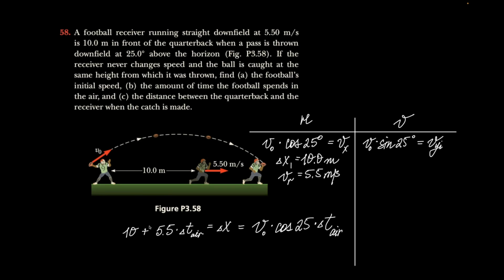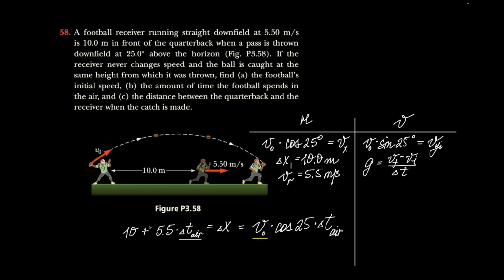The problem with this equation though, is one equation, two variables. That's not solvable. I need something other than that. What do I know vertically? Apart from g equals v final minus v initial over change in t, not much.